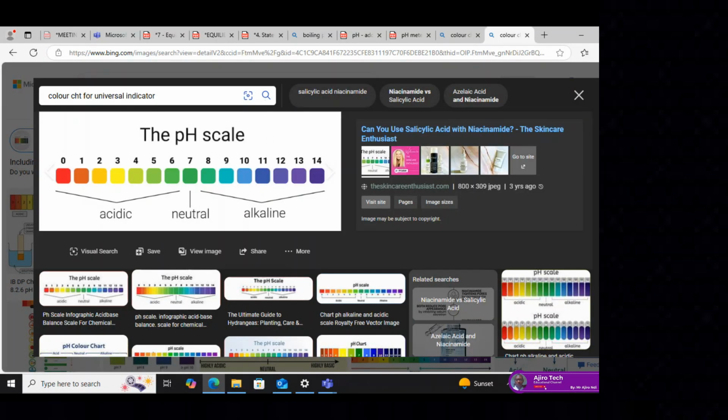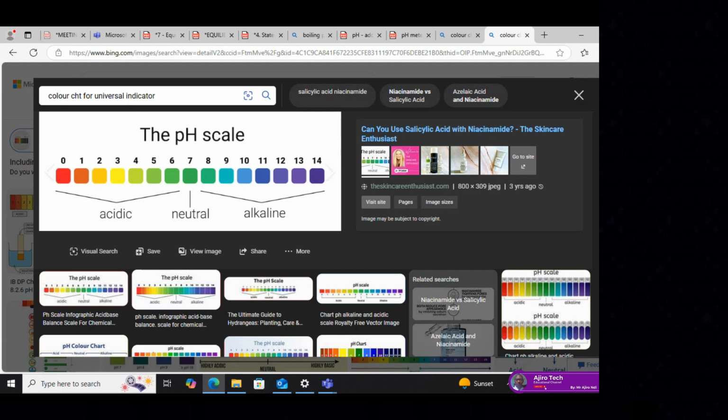Yes, we have. Okay, let's look at it again. What's the color of universal indicator in very strongly acidic solution? Red. In very strong alkaline solution, purple. Though Cambridge marks both purple and blue, strong alkaline is actually purple.